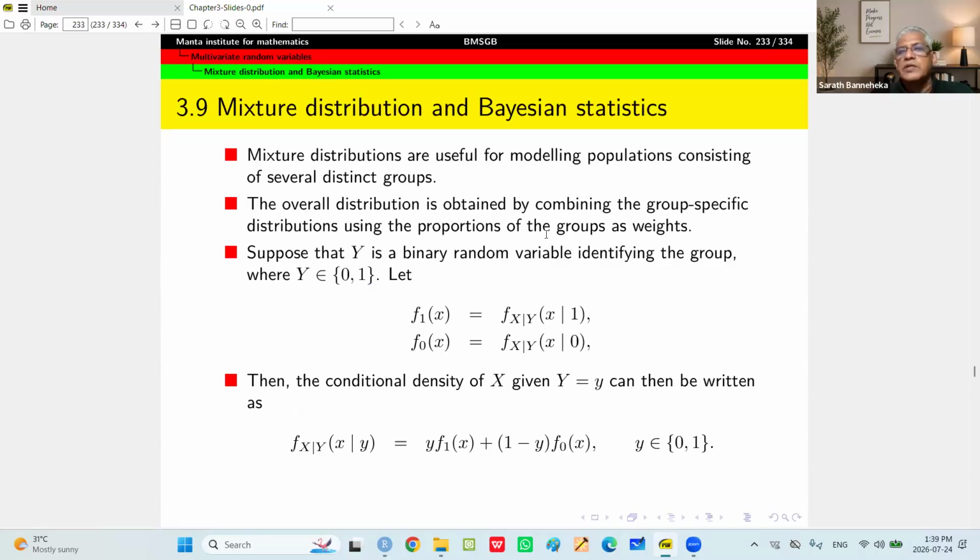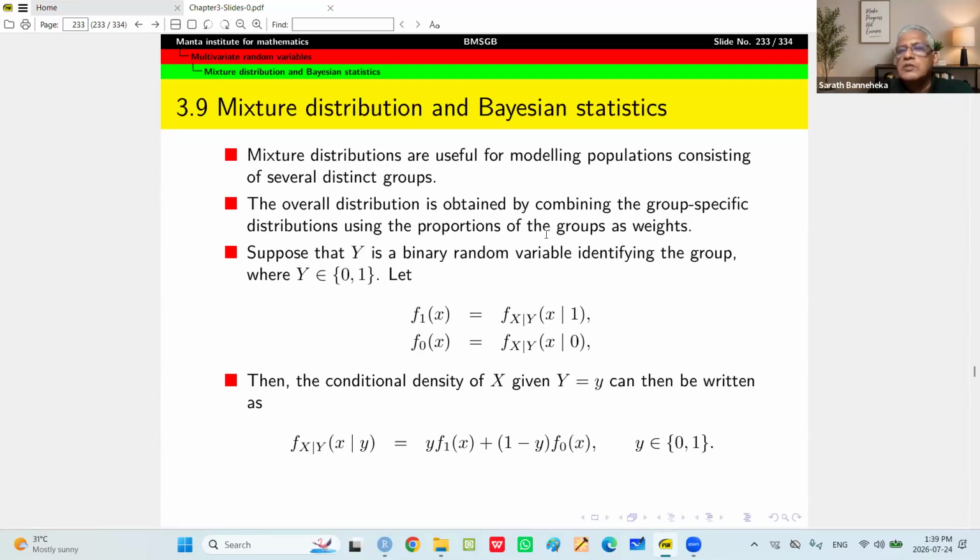For example, suppose we are interested in a single variable, say height of people, but we can usually consider this height of people in a population as a mixture of two distributions. One distribution is the distribution of heights of males. The other one is the distribution of heights of females.